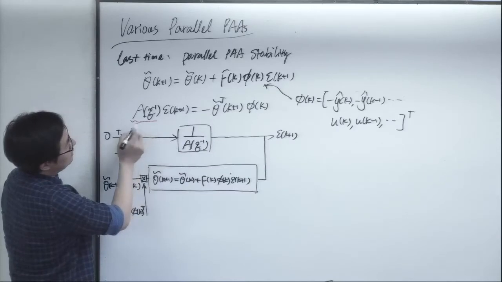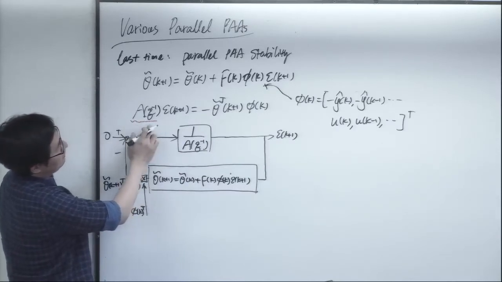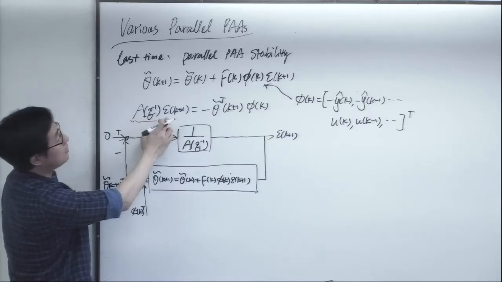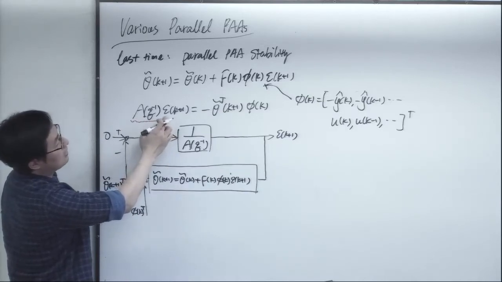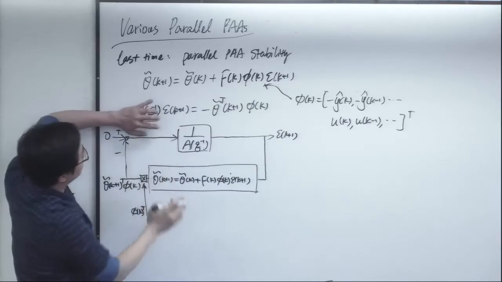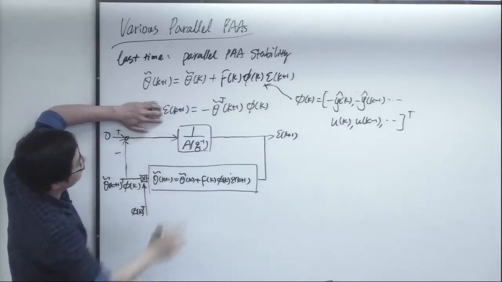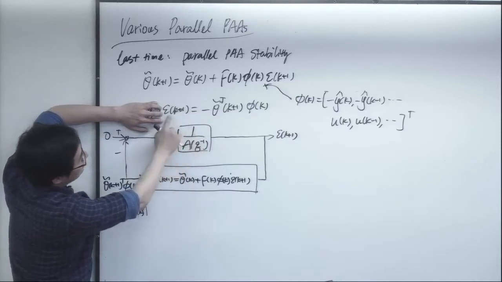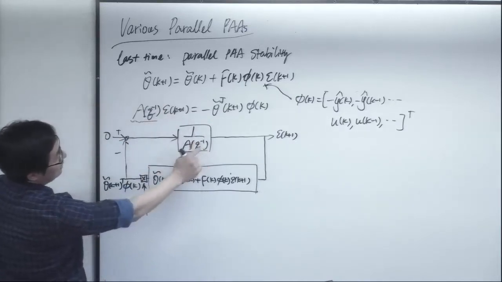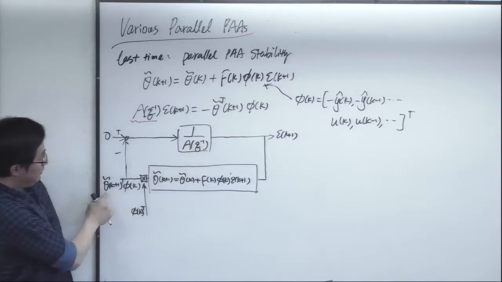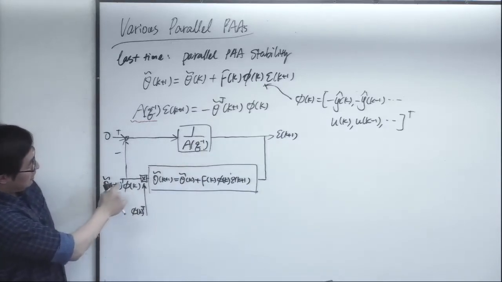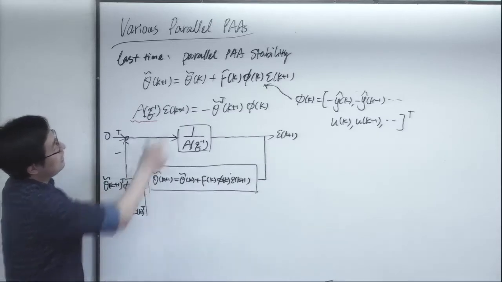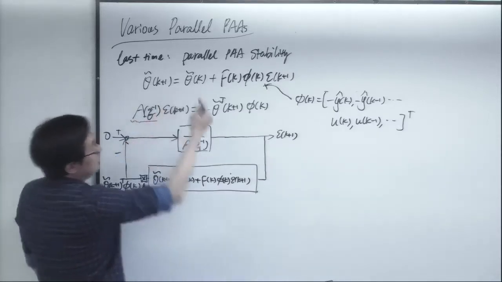The new change is we have a filtering of the a posteriori adaptation error epsilon, instead of the simple form where this linear block is just 1. In this case, epsilon k plus 1 is 1 over A q inverse, filtering this theta transpose times phi signal. And then this is exactly the same.